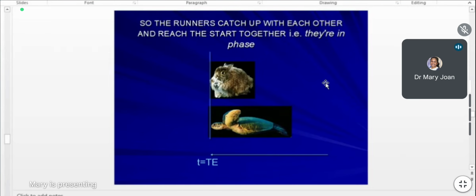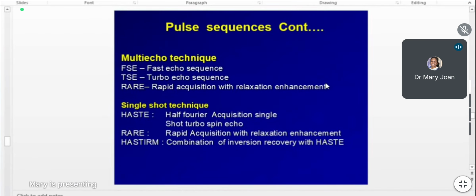So the runners catch up with each other and reach the start together, that is if they are in phase. If they are not in phase, they will not reach the starting point together. They will reach back in different phases only. I hope you got it.